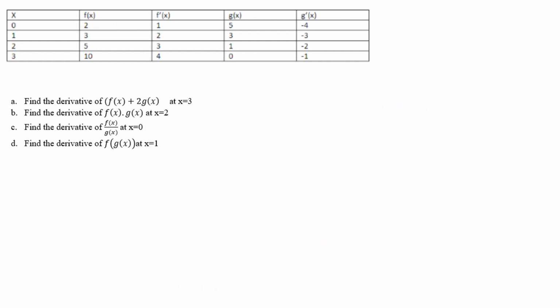Find the derivative of f of x plus 2g of x. Now, if you are trying to take the derivative and there is a plus sign, it means that you are going to take the derivative of the first function separately, and here also the derivative of the second function separately. But the constant multiple rule says to put the 2 as it is.